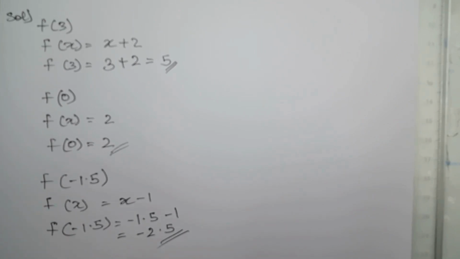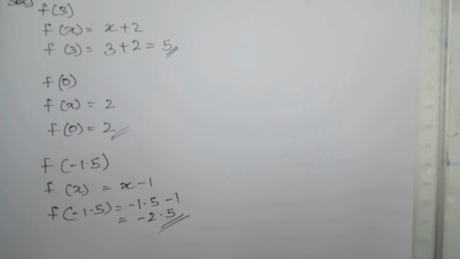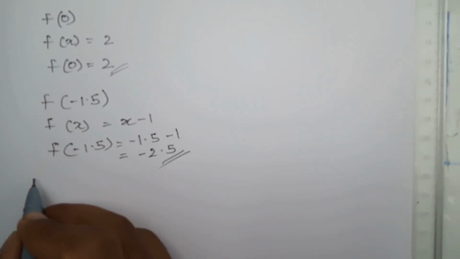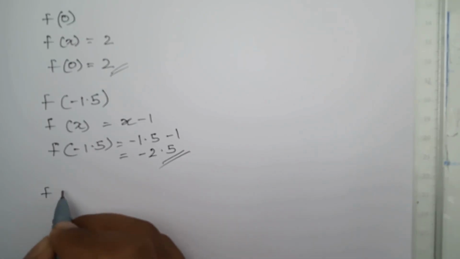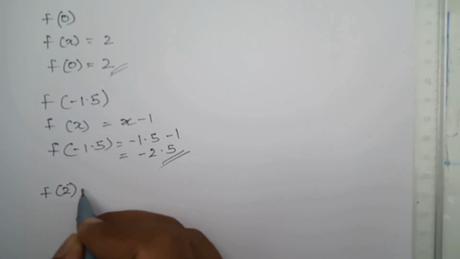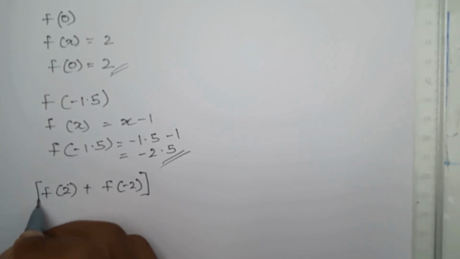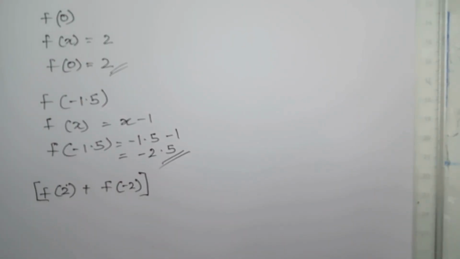Now we are going ahead to the fourth bit in the first question, that is f of 2 plus f of minus 2. Here in the first one we can apply the first condition, and in the second one we should apply the third condition, because in the first condition x is greater than 1.